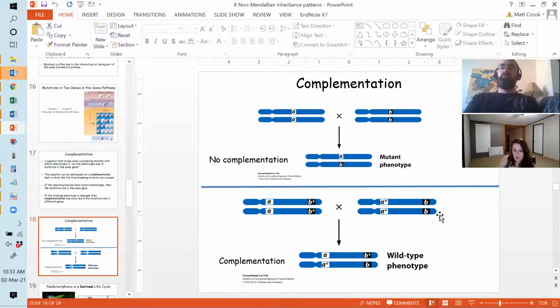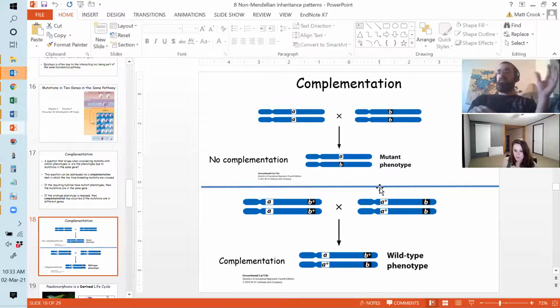Now, if these mutant alleles are in different genes, different parts of a chromosome or even different chromosomes, then if you cross those together, they will complement each other, because essentially you're taking one mutant allele from one and adding it to a wild type allele from another.